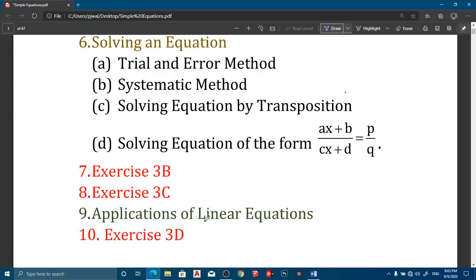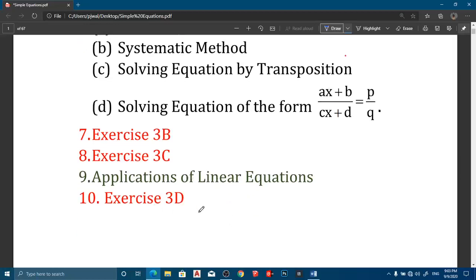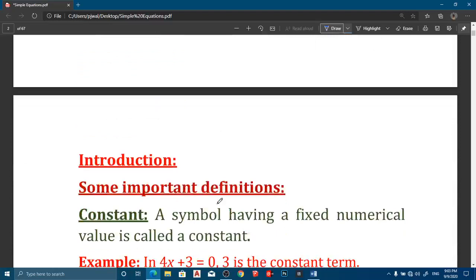Those are called the applications of linear equations. On this concept we have to solve the problems in exercise 3d. So now we are going to the introduction of the chapter.